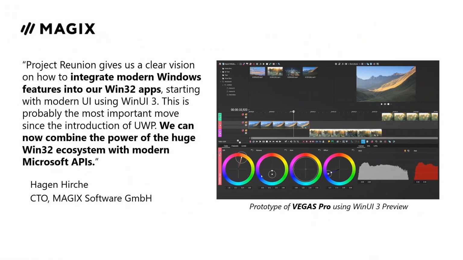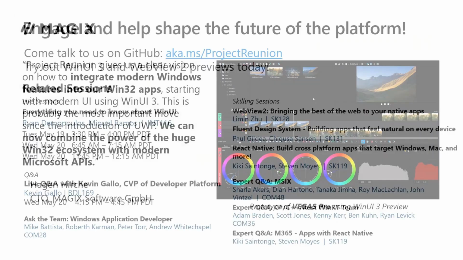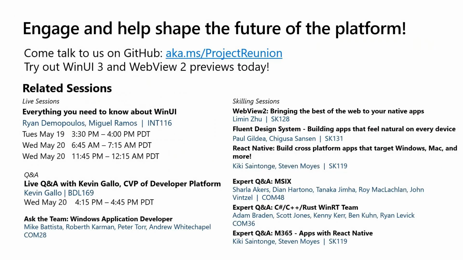Project Reunion and WinUI 3 are letting them integrate modern Windows features into those Win32 apps. So they can combine the power of the huge Win32 ecosystem with these modern APIs. Here on the right, you see just a prototype of what they're starting to do with the preview of WinUI 3 that we just put out today, where they're making new color controls, for example, in their app that work great. And so we're excited to see what all of you do with Project Reunion.